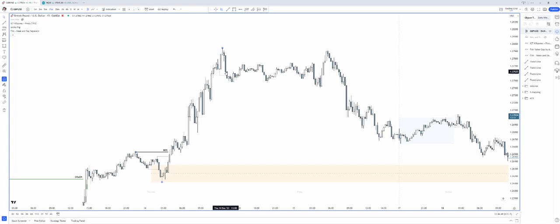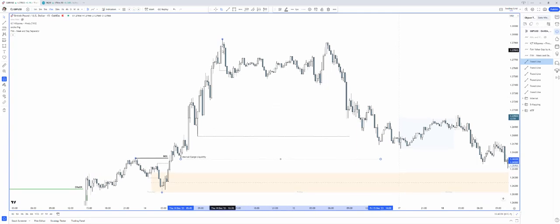When we had this QM, we were targeting basically this and this internal range liquidity. In this case, this is the QM. Now for the counter trend, we are looking for a bullish QM. So here is the bullish QM.